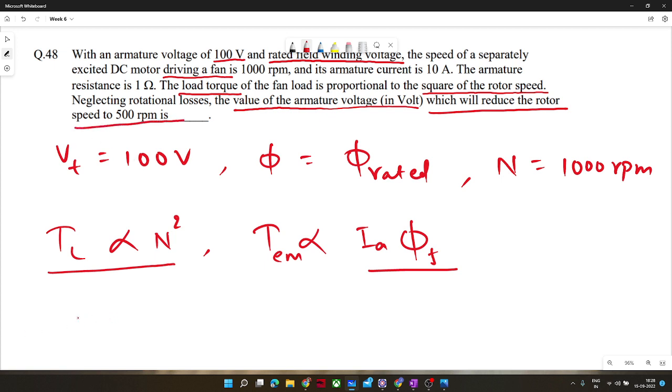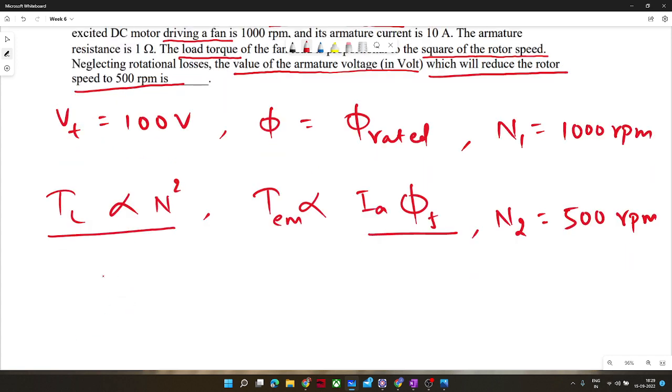So earlier the rotor was running at 1000 rpm. Let me call it speed 1, N1. Now we need to reduce the speed of the motor to 500 rpm. So how can we do it? We all know speed depends on back EMF, and back EMF depends on flux.